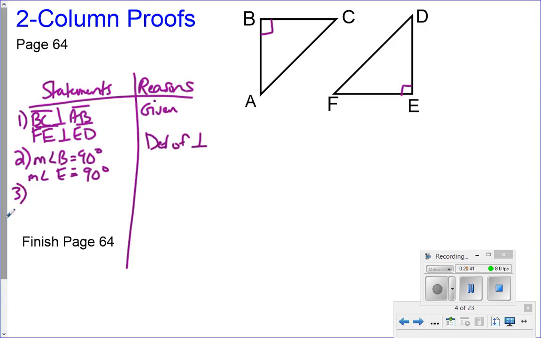Okay, so if the angles are 90 degrees, then we know that the angles are congruent. So angle B is congruent to angle E, and that's based on the definition of congruent.